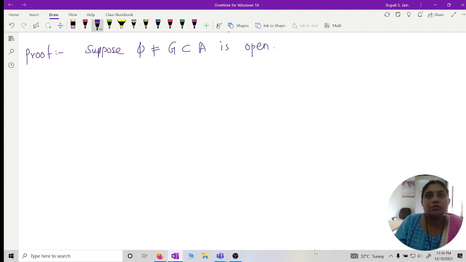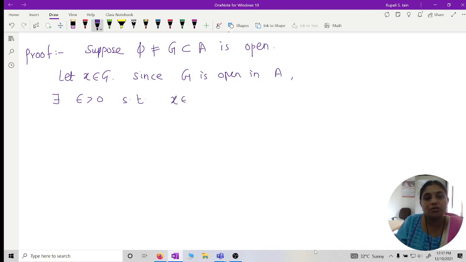Now I want to show G can be written as A intersection some open set which is open in M. So let X belongs to G, and since G is open in A, what will happen? There exists epsilon greater than 0 such that by definition of open set X belongs to B epsilon of X which is totally containing G.